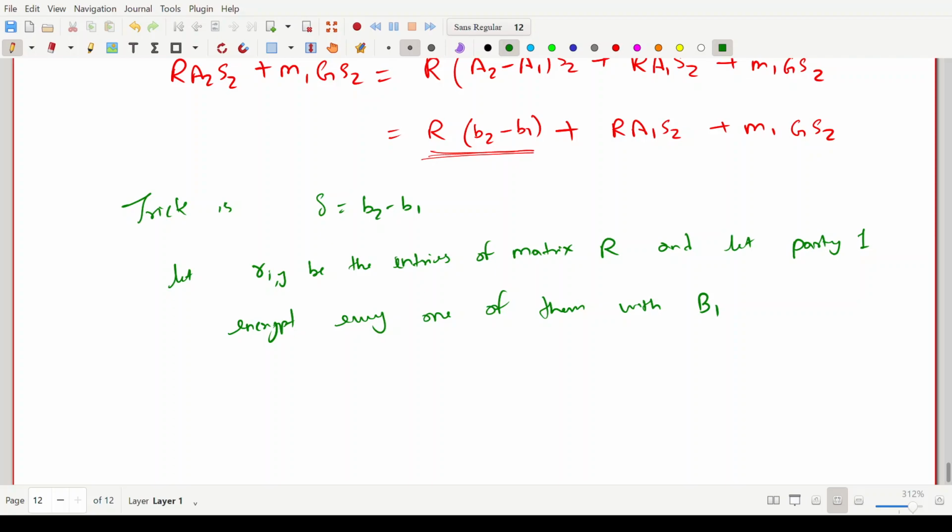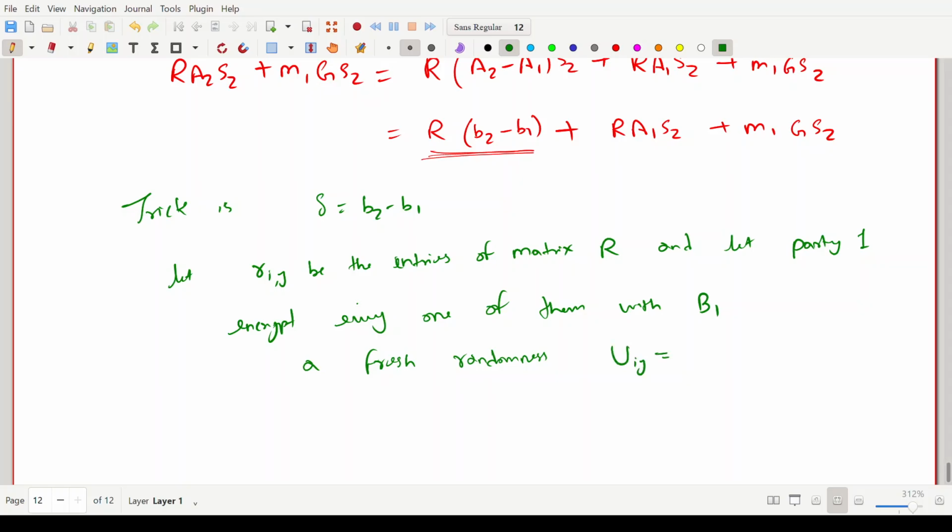So how do they encrypt actually? That means a fresh randomness occurs by this b1. Of this randomness, that is uij.